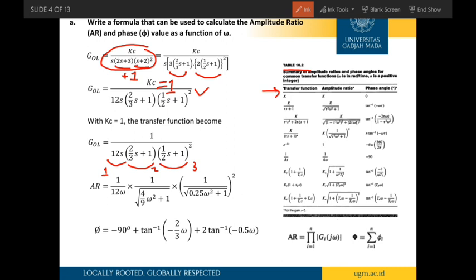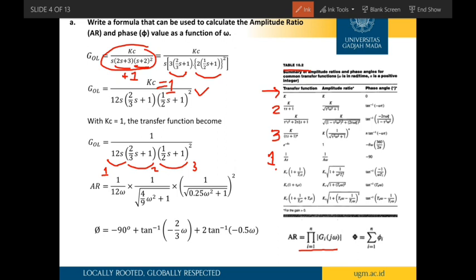And we look at table 10.2. Part 1 is like this transfer function, part 2 is like this transfer function, and part 3 is like this transfer function. So for the amplitude ratio, we can check from this equation.